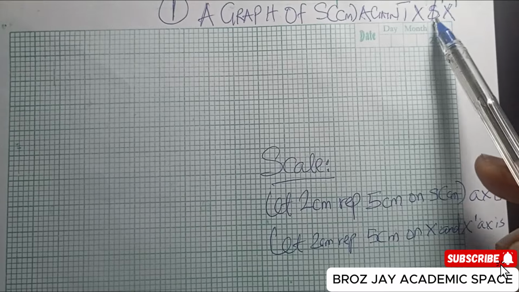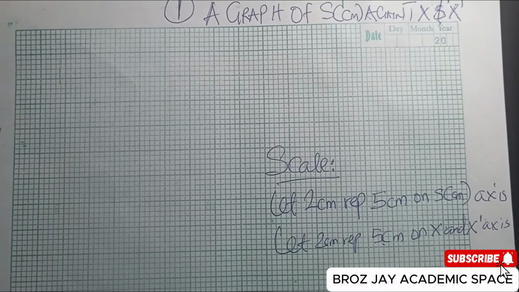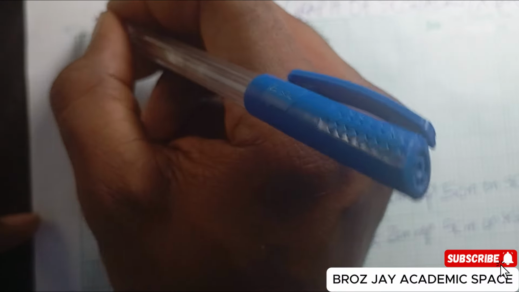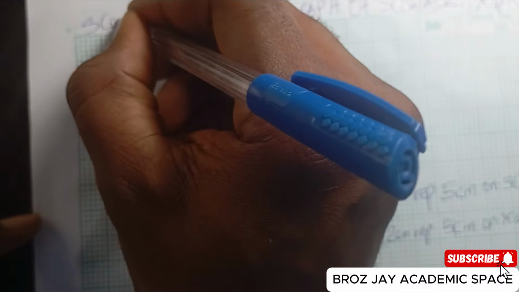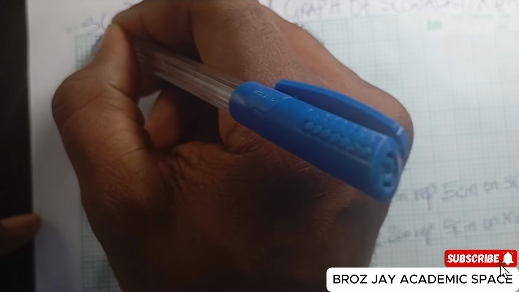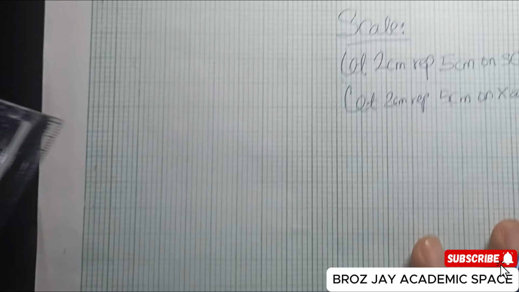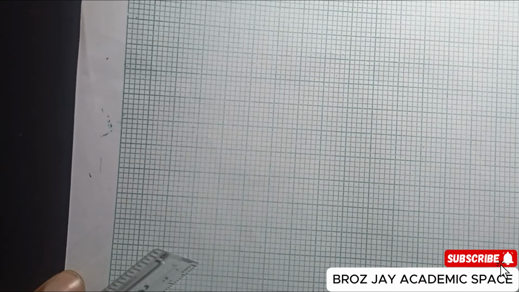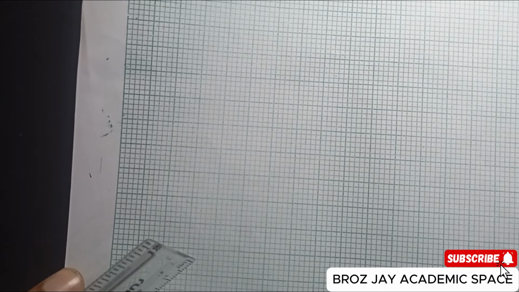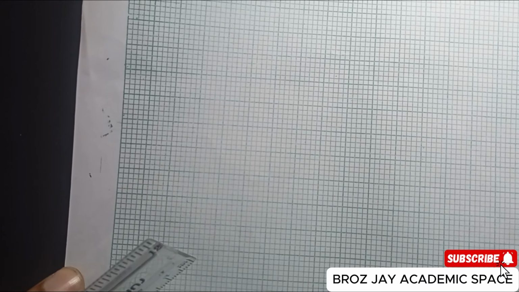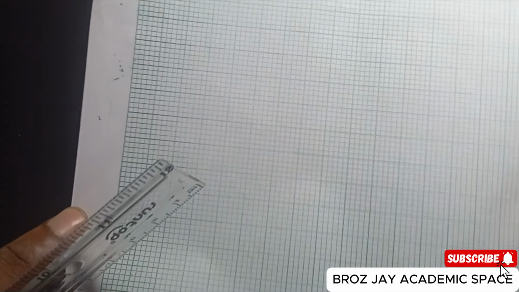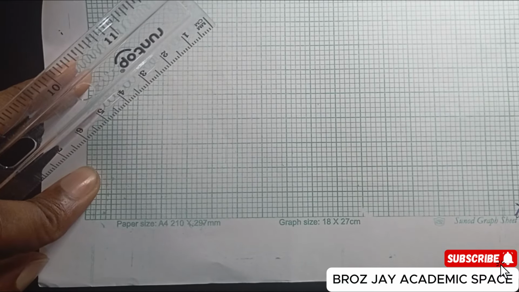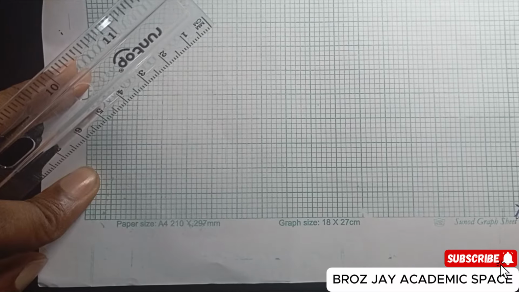So I've gotten my title, I've gotten my scale. The next thing, I label my graph. Here will be s in centimeters against s prime, x and s.